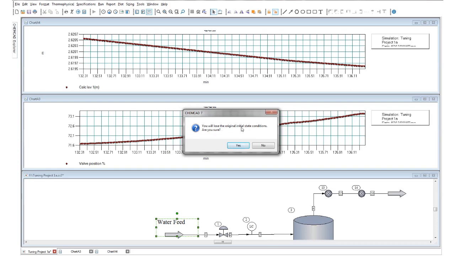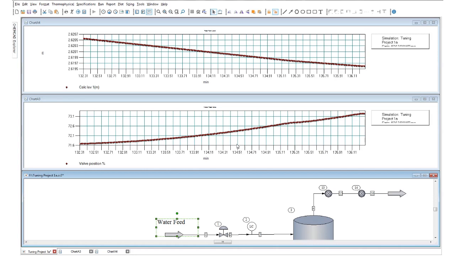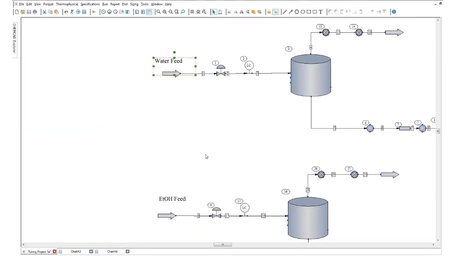Even though it says you're going to lose the original, that's fine. So right now, at time 0, I have a process that will allow me to continue on to make some other changes as well.